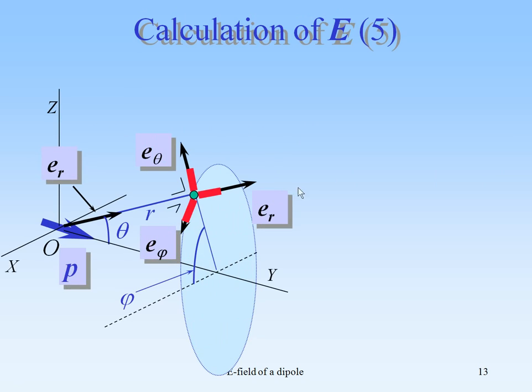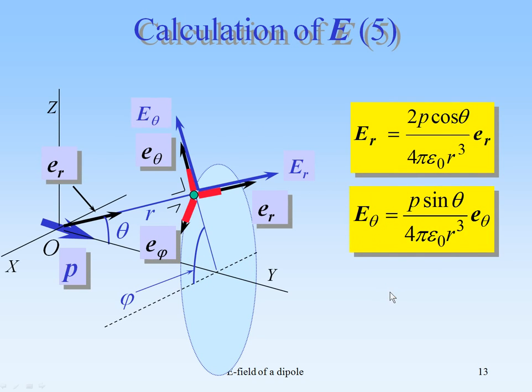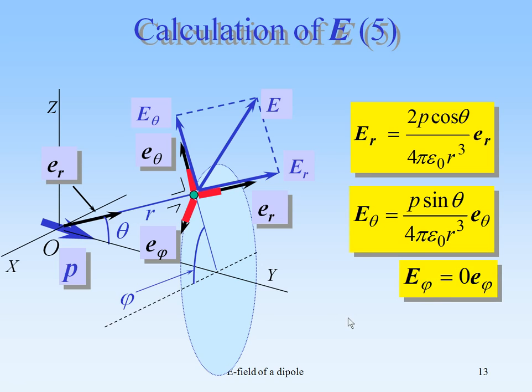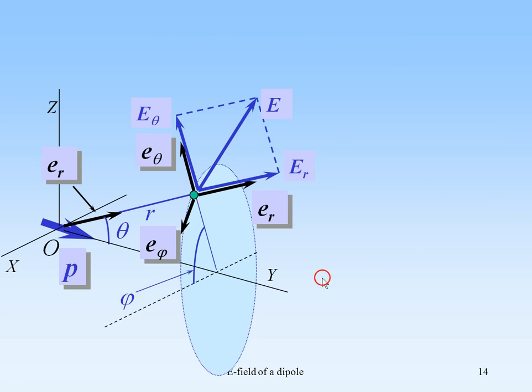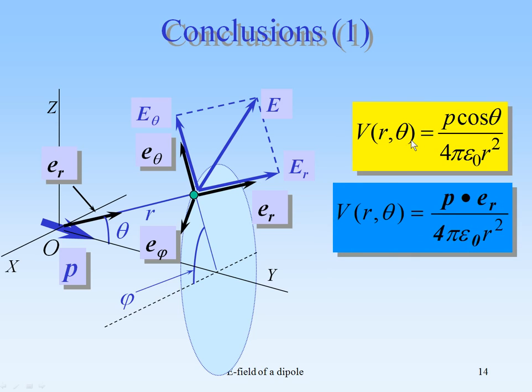And then we end up with the expressions for ER and E theta, and E phi is 0. And this is the total E, and the total E will be in the plane of ER and E theta. Conclusions. This is V as a function of r and theta.